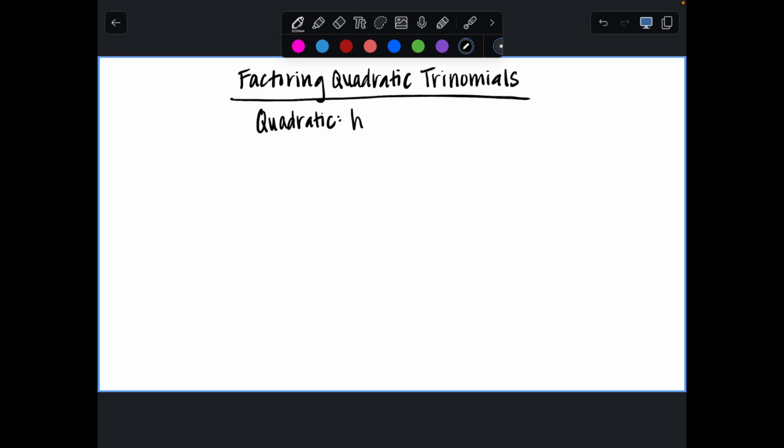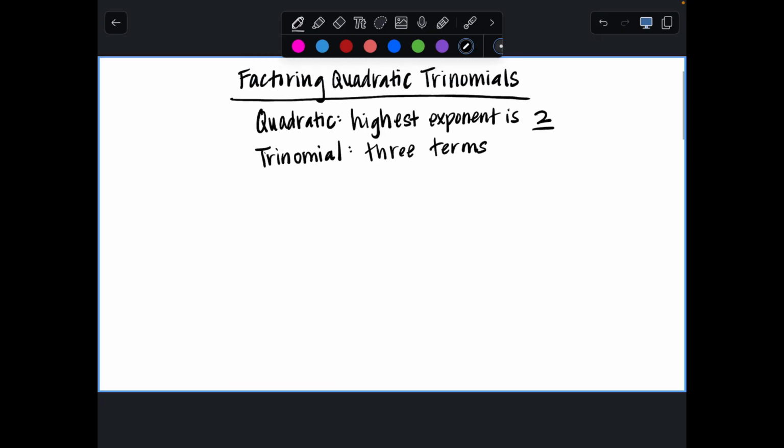Quadratic means that the highest exponent in the polynomial is 2. And a trinomial just means that there are 3 terms. So standard form for a quadratic trinomial is ax squared plus bx plus c.